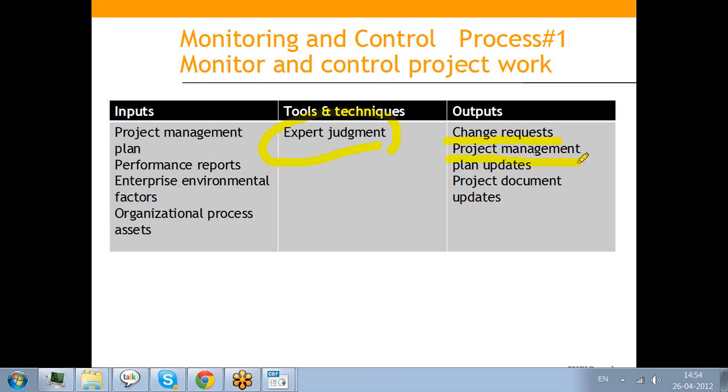Sometimes we may update the project management plan, or we may update any other document which we have prepared so far, including the work breakdown structure, or even the project charter, or even the statement of work. So project document updates can happen during monitoring and controlling based on the current snapshot of the project.